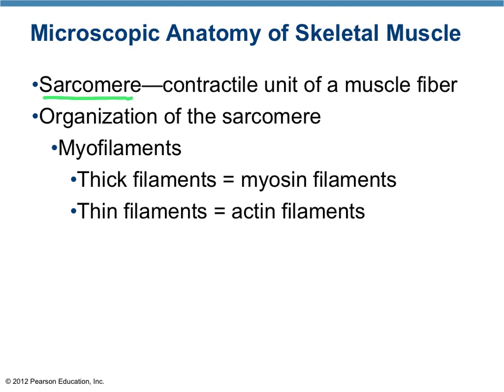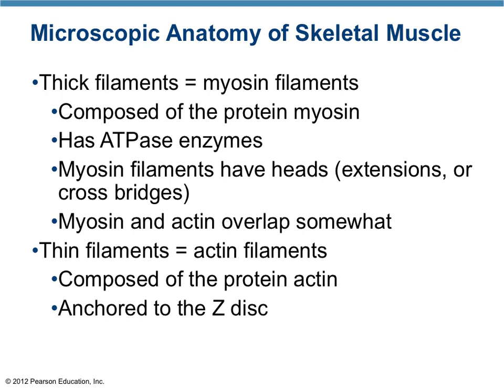The thick filaments are made of myosin, and the thin filaments are made of actin. Those thick filaments that are made of myosin have something called ATPase enzymes, so they're able to break down ATP and collect energy. The myosin filaments have heads or extensions.